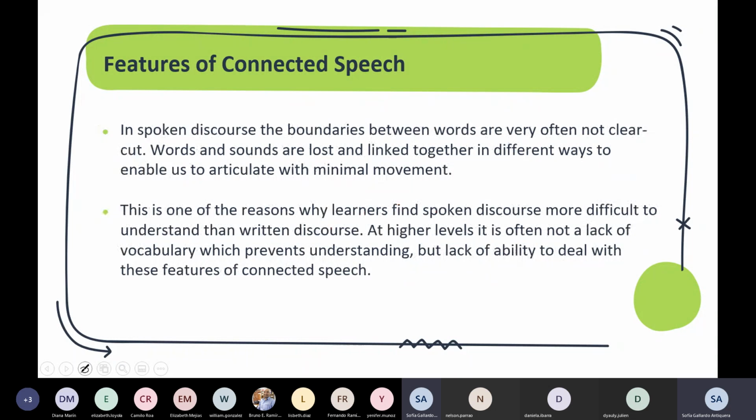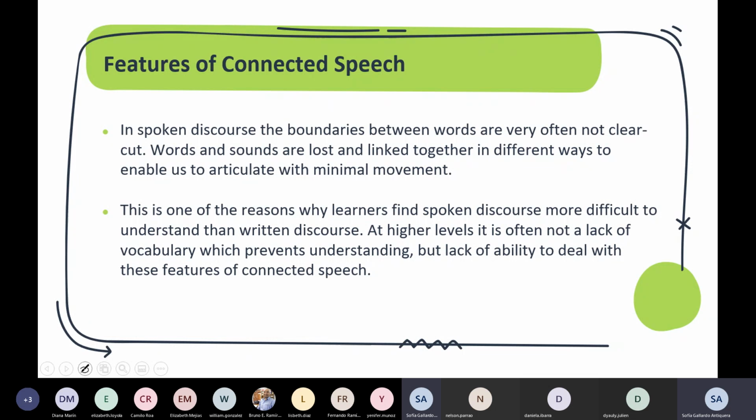So again, features of connected speech. In a spoken discourse, the boundaries between words are very often not clear cut. So that is to say, in a spoken discourse, the boundaries between the words are not really easy to identify or to recognize.